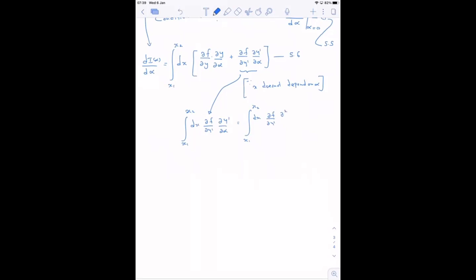So you can expand that. All I did was write y dash as ∂y over ∂x, so then you will have ∂²y over ∂x ∂α. Let me name this as 5.7.